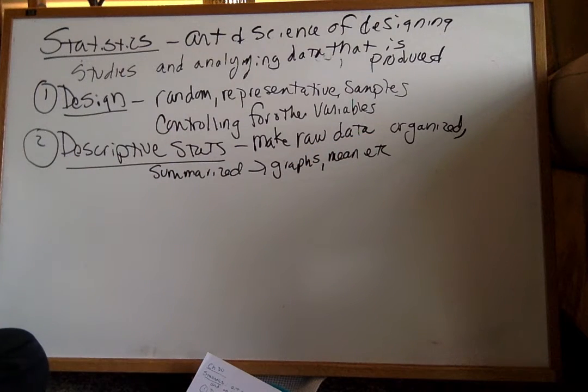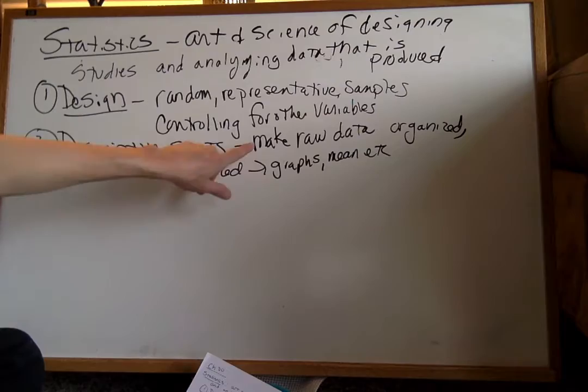So there's this whole branch of stats called descriptive stats. It's pretty much what you guys are going to be doing with your K through 8 students. It's mostly, if not all, of what we do in Math 207.